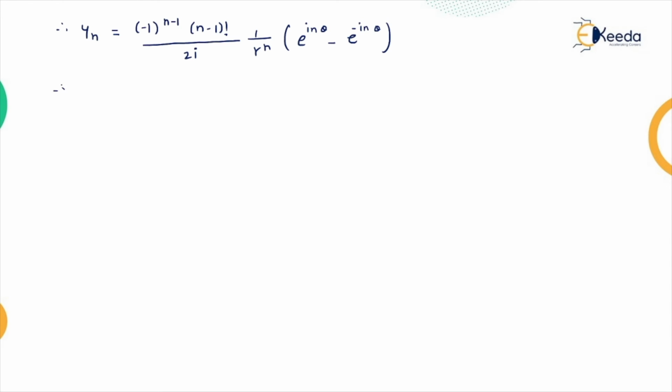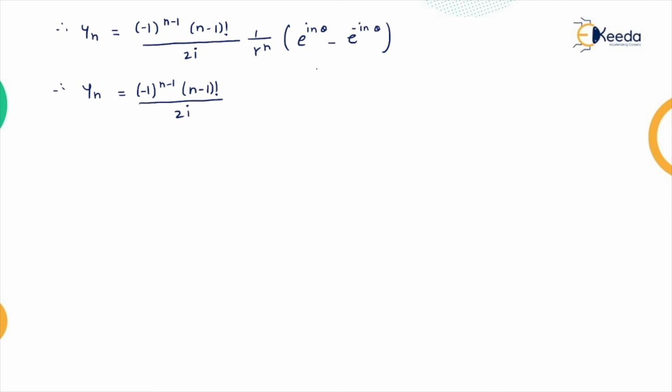Therefore yn is equal to (-1)^n, I am again simplifying this, (n-1) into (n-1) factorial divided by 2i, into e^(inθ) minus e^(-inθ).